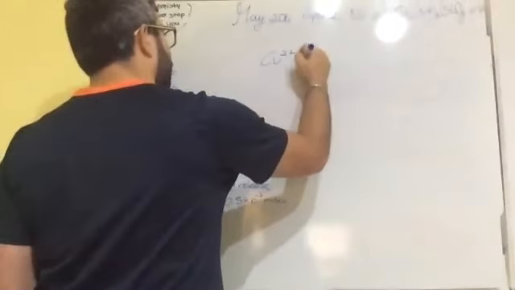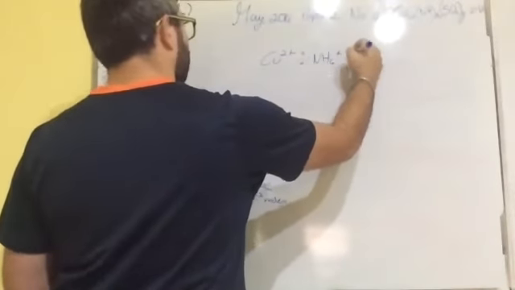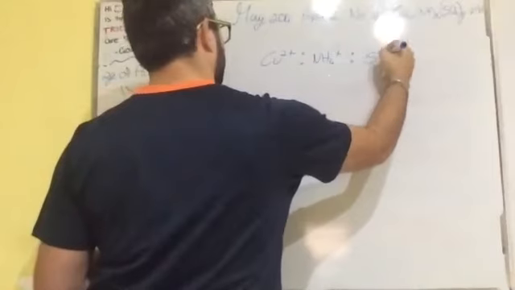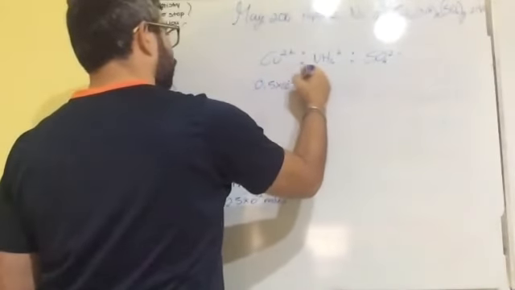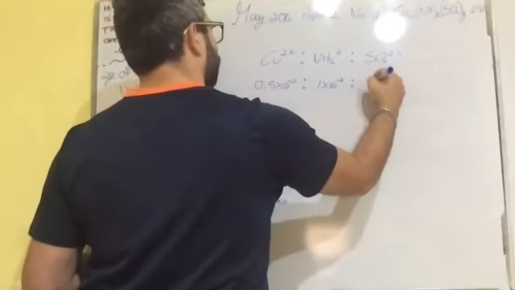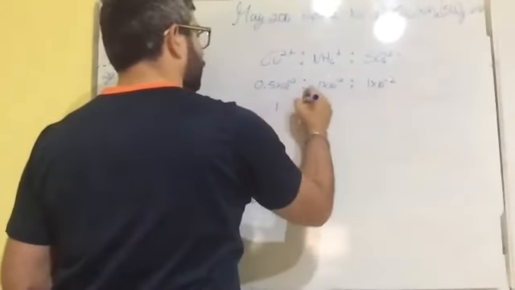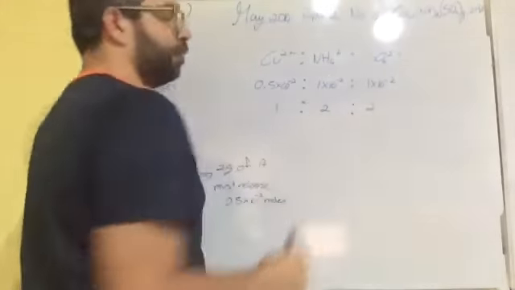So Cu2+ in ratio to NH4+ in ratio to SO4 2-, 0.5 times 10 to the minus 2 is 1 times 10 to the minus 2, or it is 1 is to 2 is to 2.